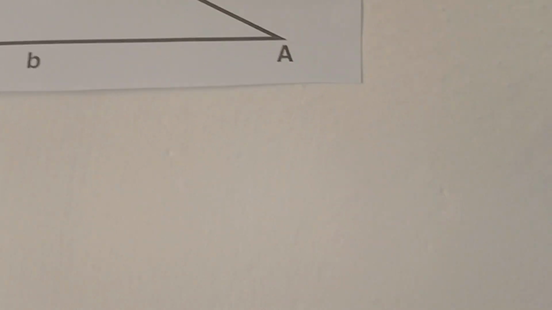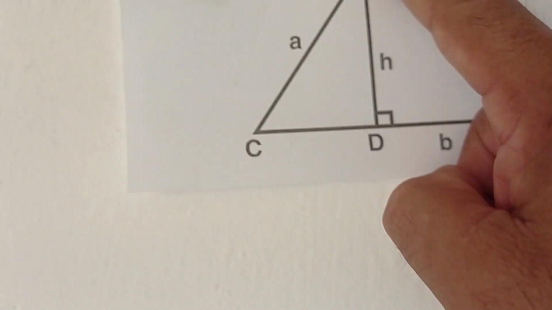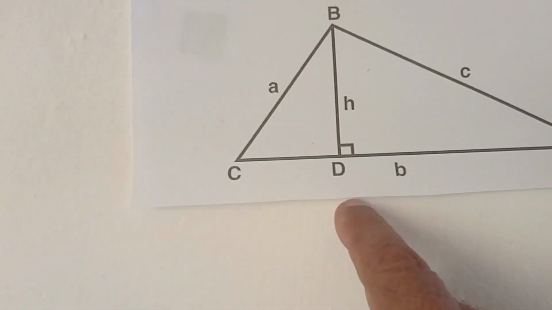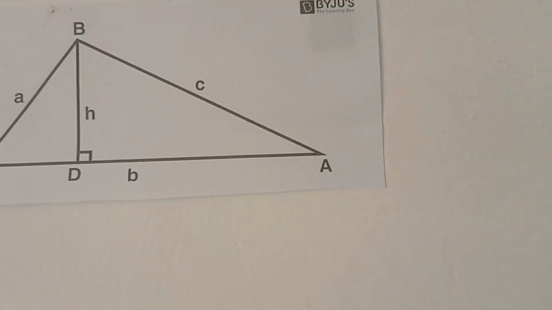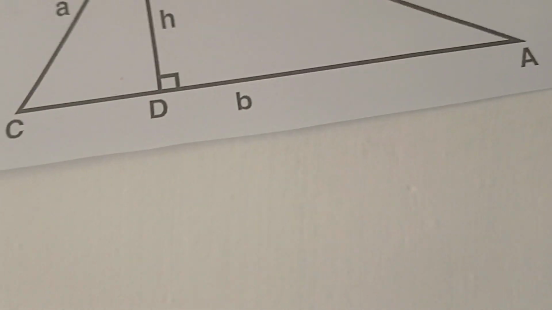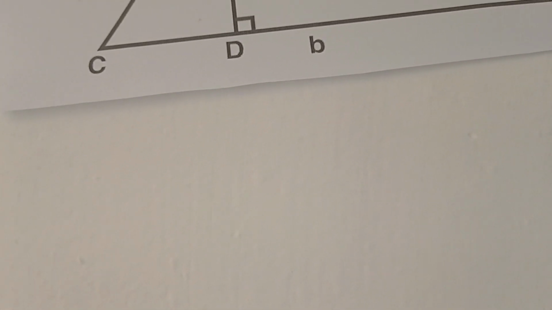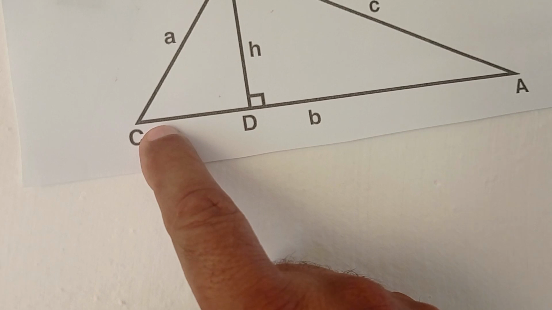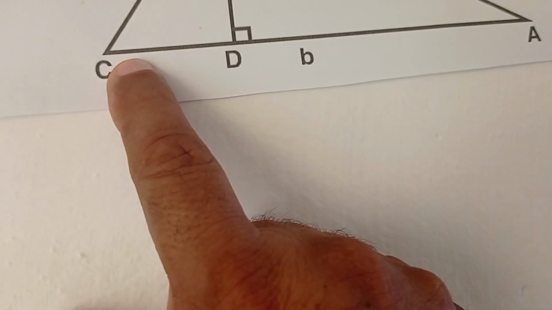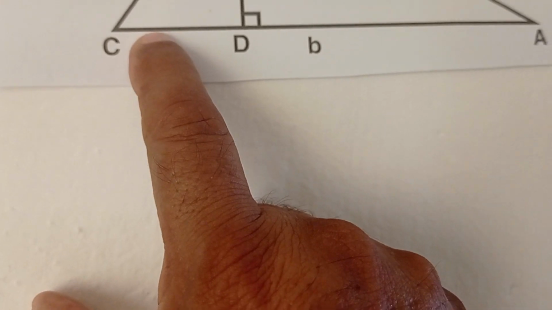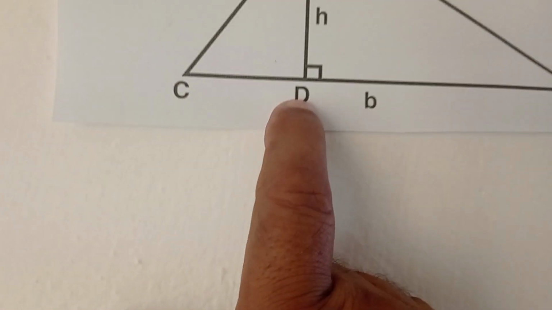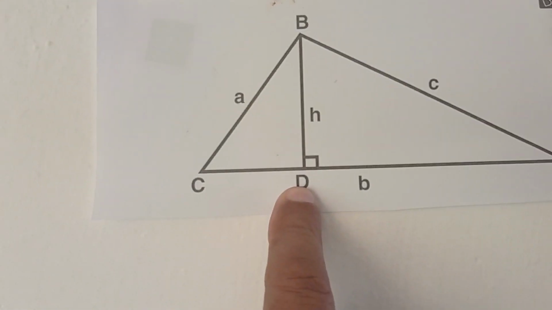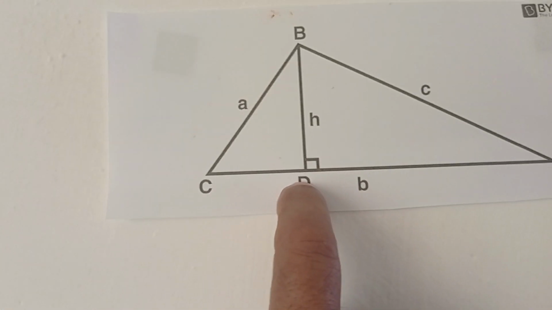Now, in triangle BCD, this one to the left, as per the trigonometric ratio, we know that cosine of C equals CD divided by a.